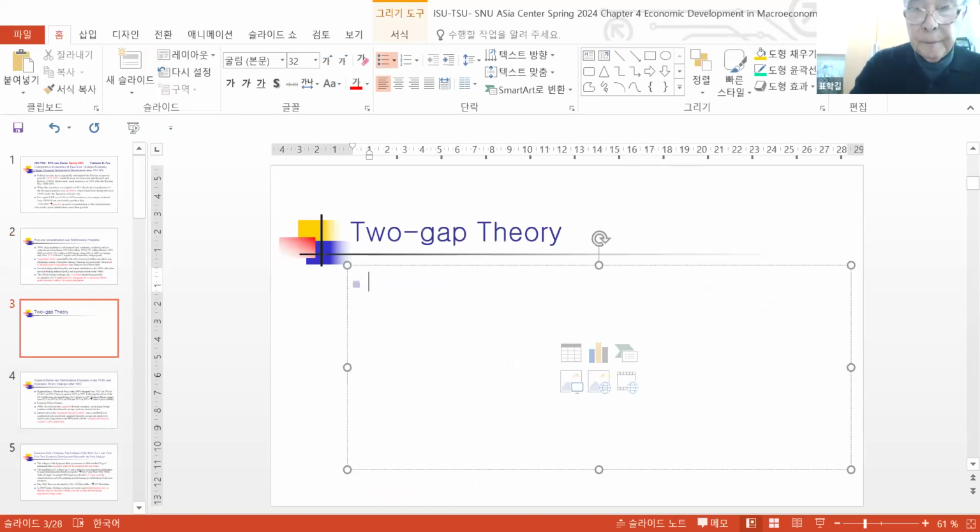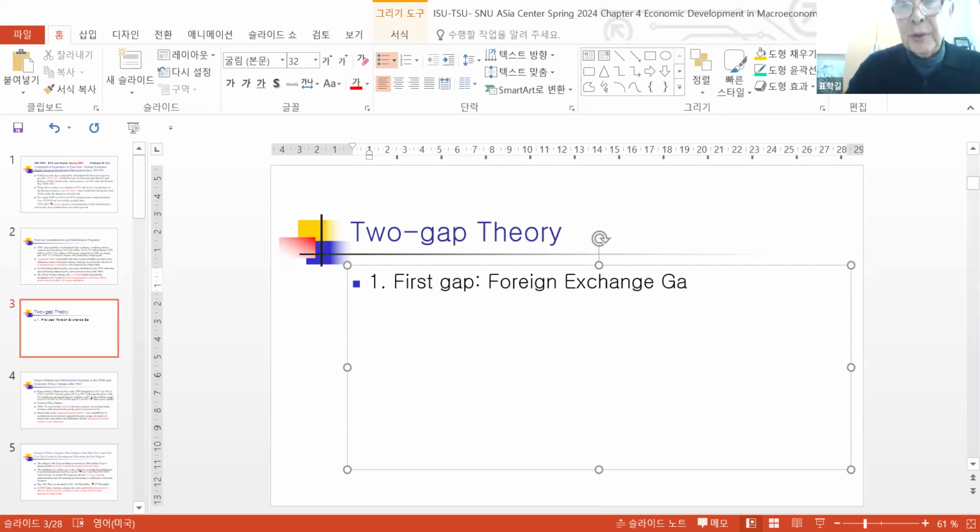First gap is the foreign exchange gap. What is foreign exchange?